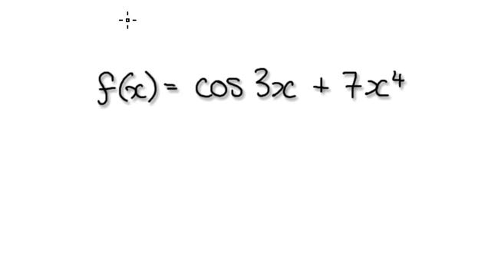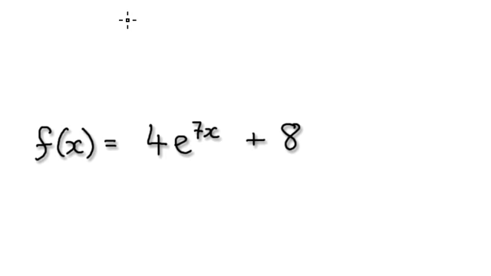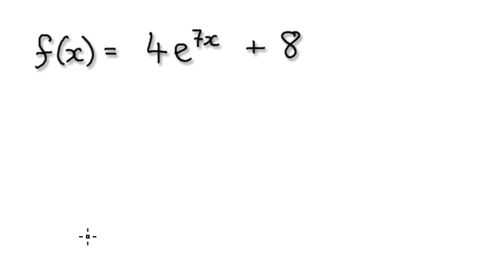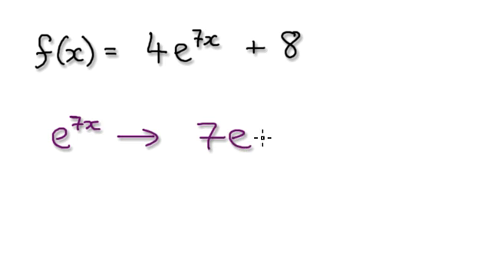Okay. Next one here. Find the antiderivative of this. So press pause and have a go. Okay, so look at this here. Start out with your guess. Let's try and guess e to the power of 7x here. When you differentiate this, it will give you 7e to the 7x.